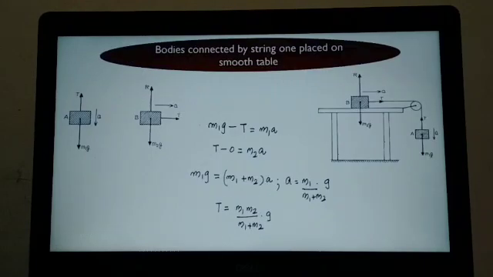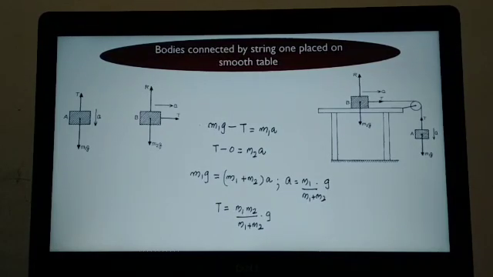The fourth condition is body is connected by string, one placed on smooth table and the other is hanging down. Okay, so the table is smooth and mass of body A is m1, which is suspended freely, and body B with the mass m2 is placed on the horizontal table, and it is a smooth table, there is no friction.